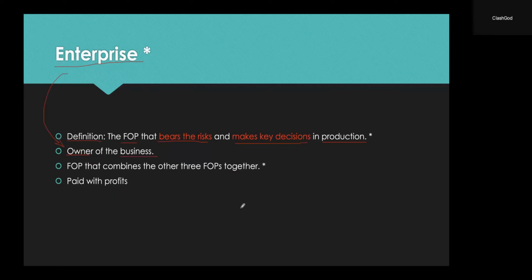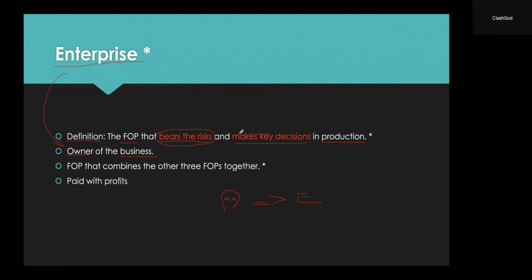Now, the owners of those businesses are the enterprise. So, Jeff Bezos with his bald head is the enterprise of Amazon, and Elon Musk is the enterprise of Tesla. So you can think of them as the owner. And the reason why they are enterprise is because they bear the risks. If Tesla or Amazon fails, Elon Musk and Bezos go bankrupt. So they bear the risks of that business.